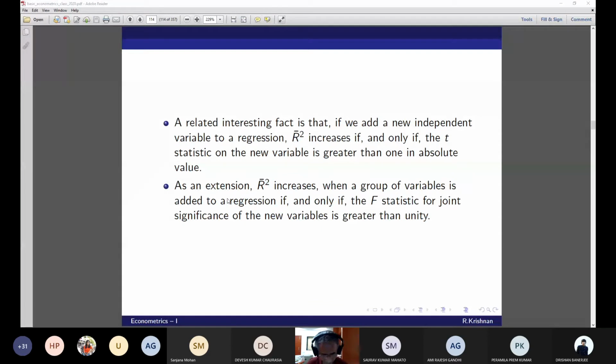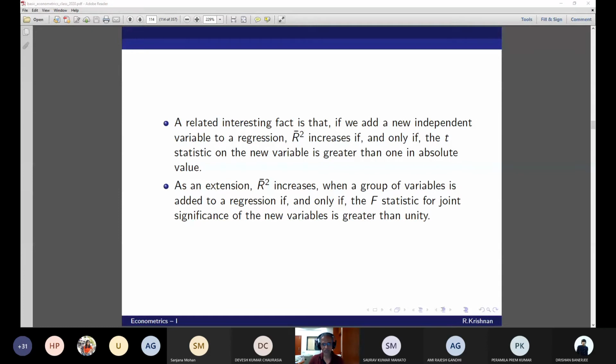It is not significant at the 5% level, but it is greater than 1 in absolute value. So what does it mean? According to this bullet point, it does contribute to the overall fit. That is exactly what this first bullet point tells you.